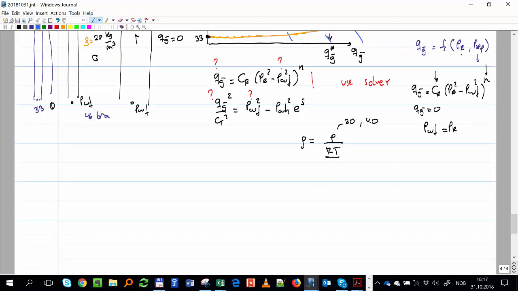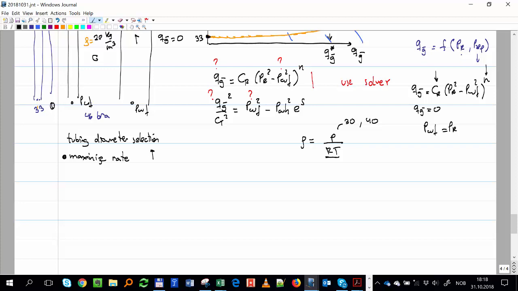Let's go a bit away from the tubing because we're going to make another exercise later. To select the tubing diameter, we want to maximize rate.